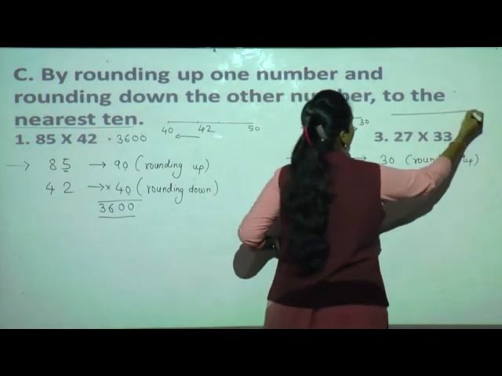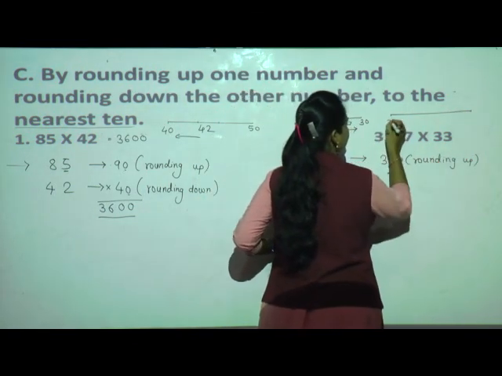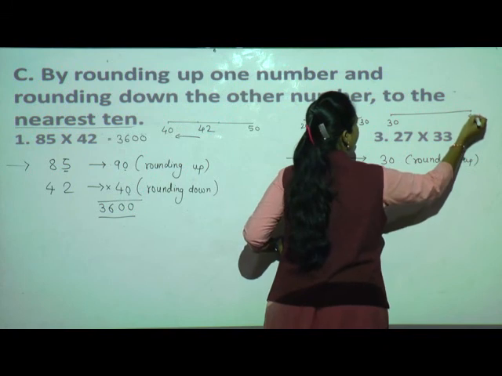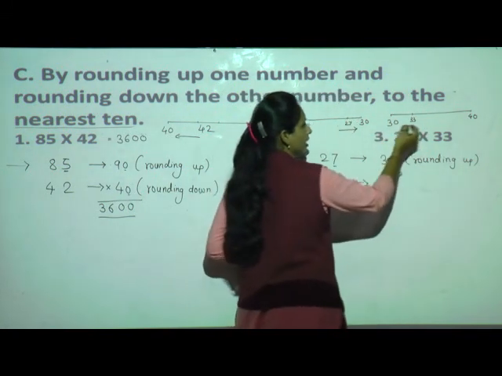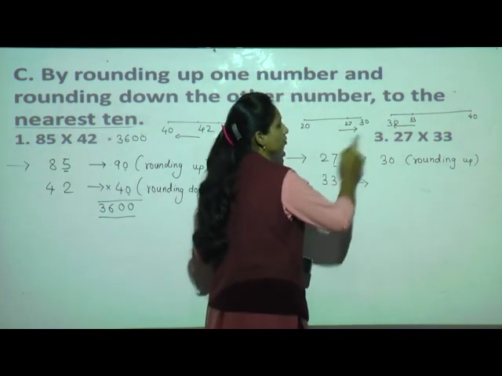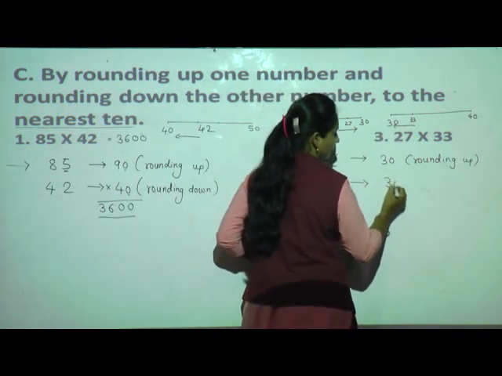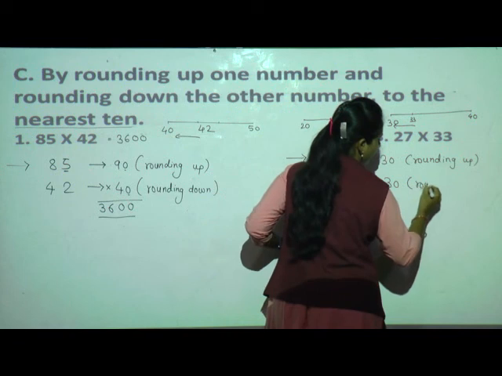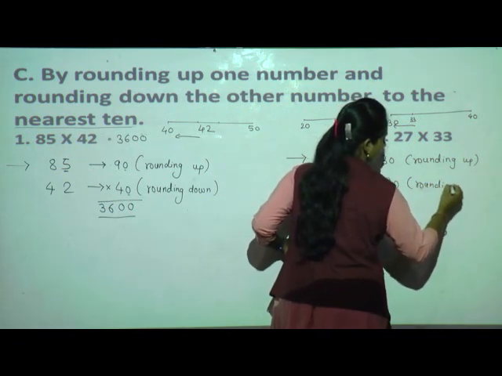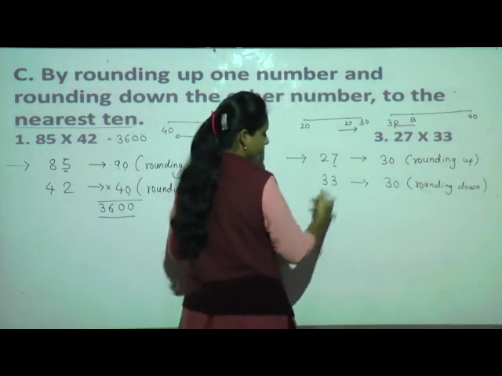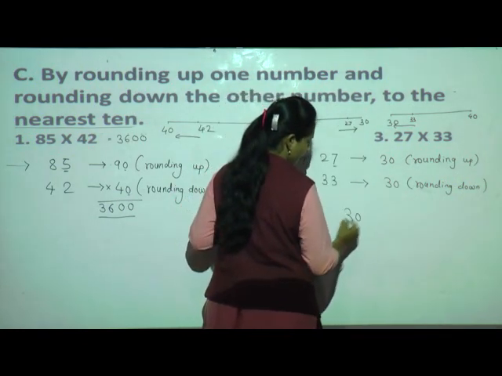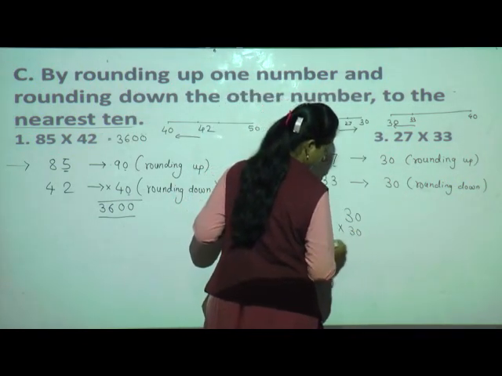Now 33. What about 33? 33 lies between 30 and 40, somewhere here. So now one number we have taken up and one number we should take down now. So what is that? 30 only. This is what? Rounding down. Now what we have to do? We have to multiply both the numbers. 30 multiplied by 30.